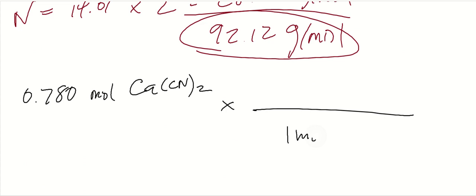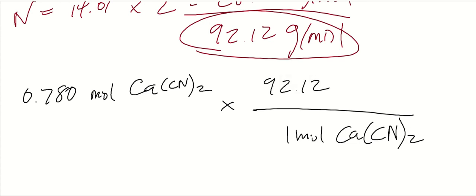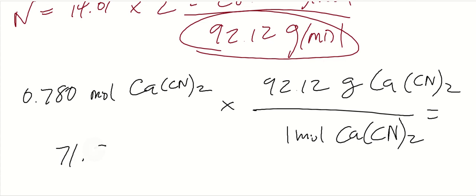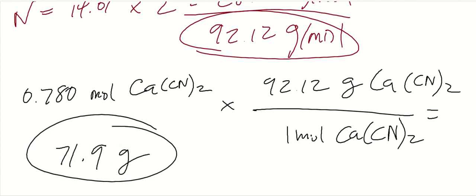Put moles on the bottom and put grams on the top. That's why we do the molar mass. All right, punch. It's already stored in my calculator. Nice. 71.9 grams. That's how much you have left.